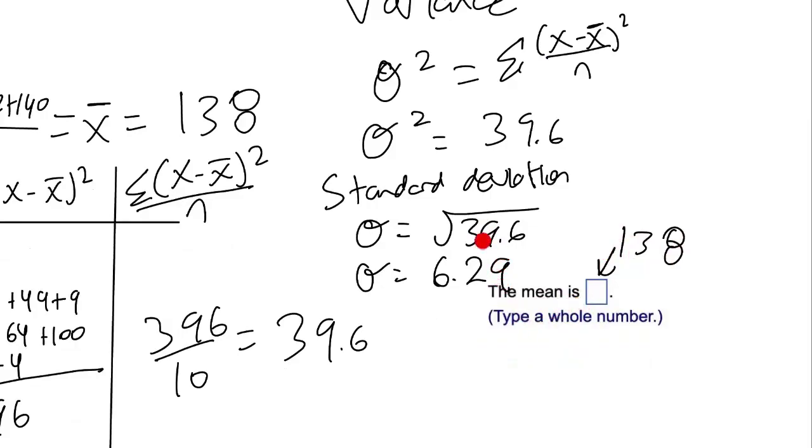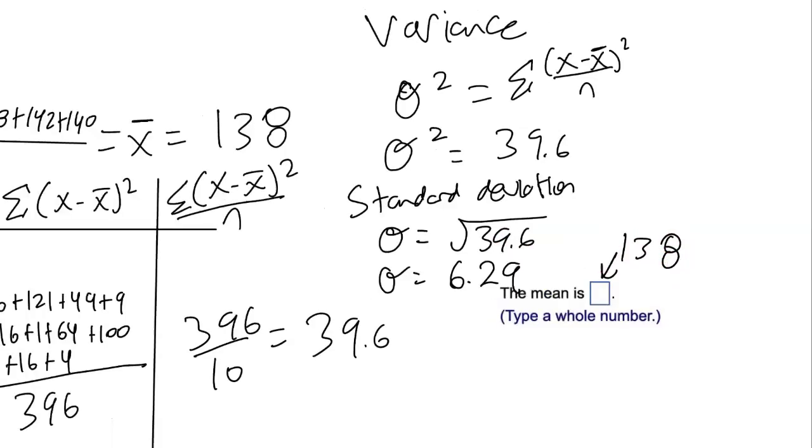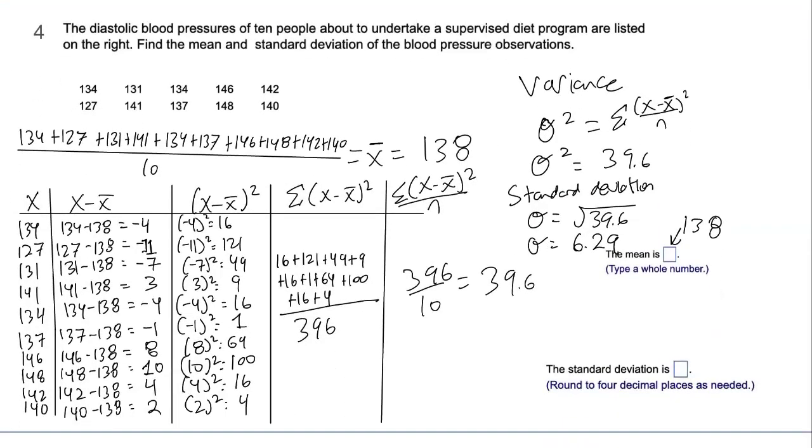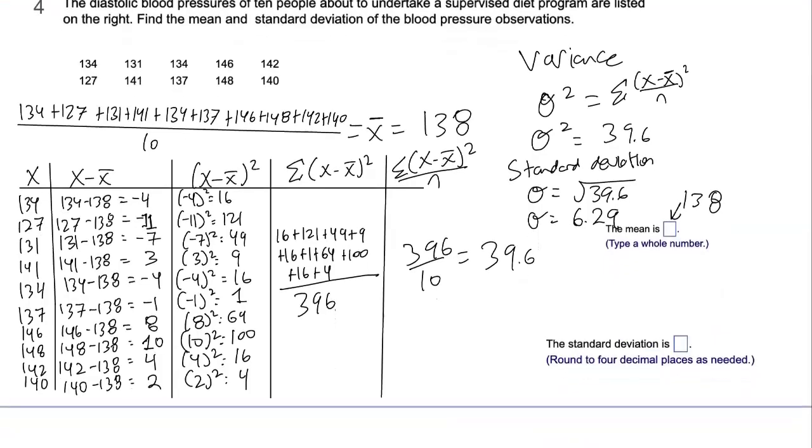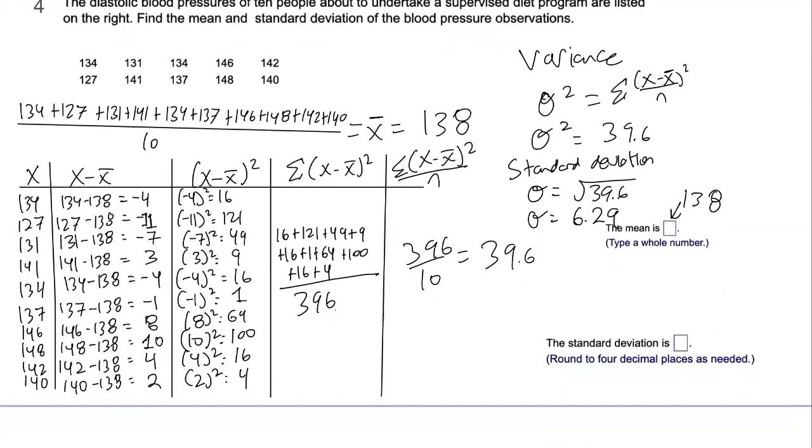That's the first number that we divided by 10. We took all the numbers, added them together, and I ran out of space, so I had to put it up there. Yes, sigma squared, so my standard deviation is 6.29. That is the answer.